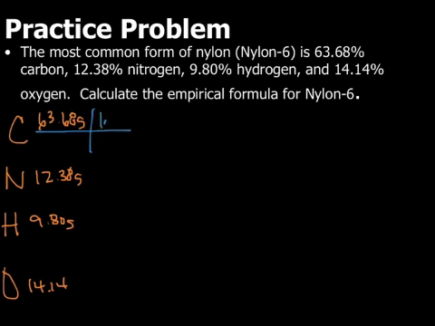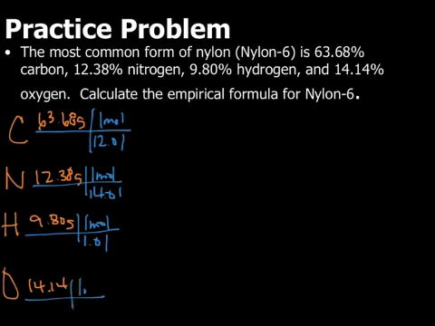So carbon, 1 mole, 12.01. Nitrogen, 1 mole, 14.01, and again, those numbers on the bottom are coming from the periodic table. Hydrogen, 1.01, oxygen, 16.00. Okay, so for carbon, I have 5.302 moles.